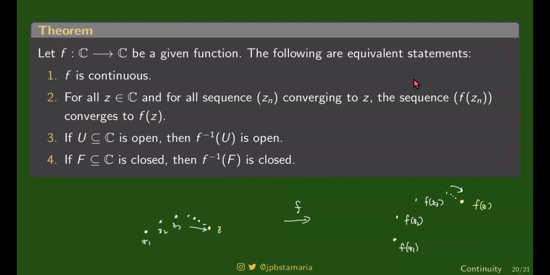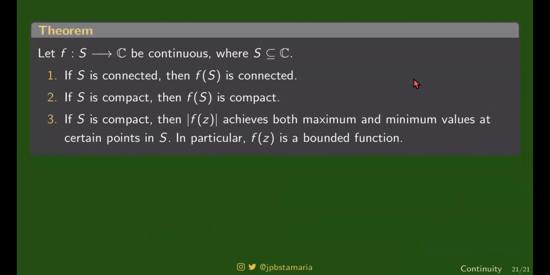Kung alin man dito ang magamit natin, halimbawa nakakita kayo ng function na continuous, later, nakakita kayo ng open set, pag kinuha mo yung inverse image, the conclusion, because f is continuous, is that f inverse is still open. Now, why do we want continuous function so much? Because there are things that are so nice about continuous functions.